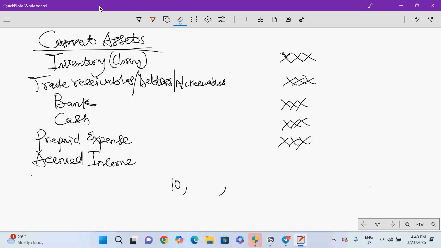Bills receivable. So it will be part of the trade receivables. Anything about trade that is receivable, you are receiving it. Account receivable.